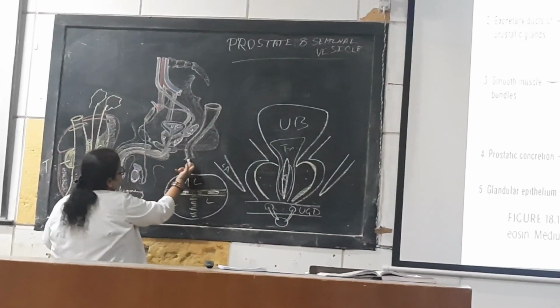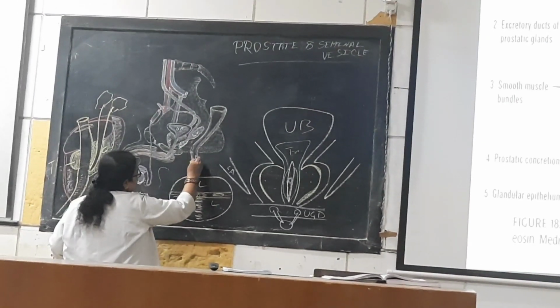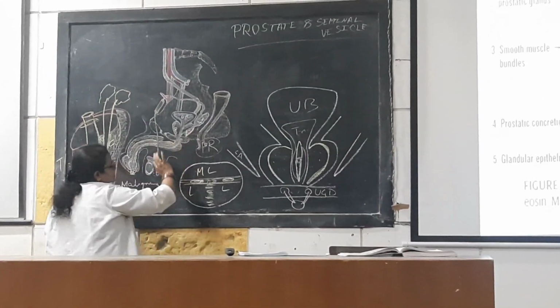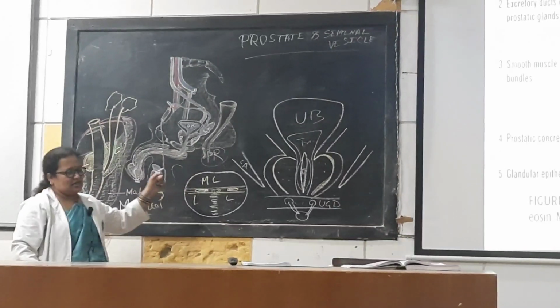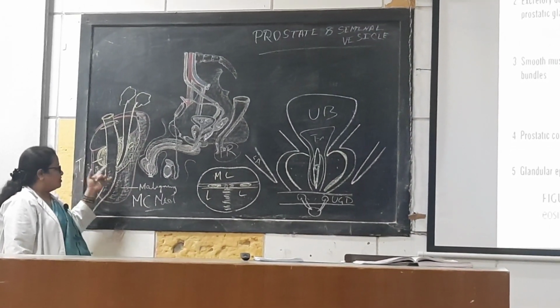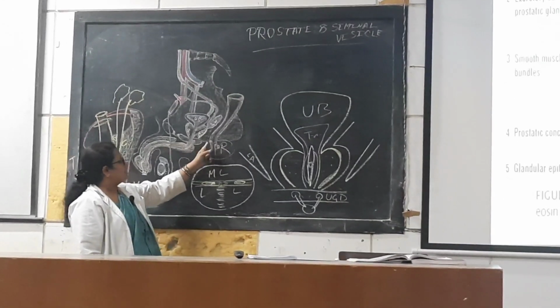We insert our index finger and do a per rectal examination. This is the first examination we do when we hear about any symptoms of benign hypertrophy or suspect any malignancy.